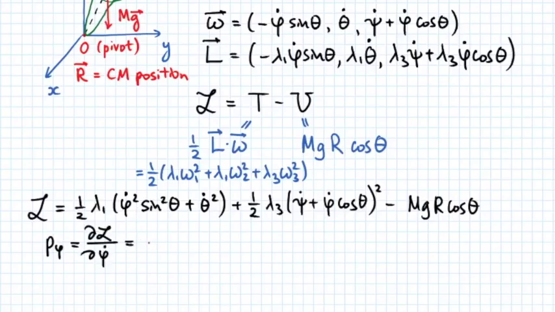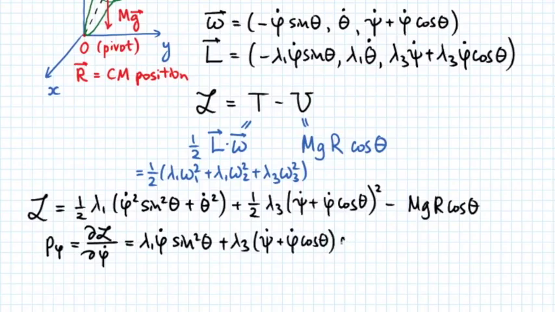We simply get lambda 1 phi dot sine squared theta plus lambda 3 times psi dot plus phi dot cosine theta, multiplied by cosine theta. And this should be a constant.